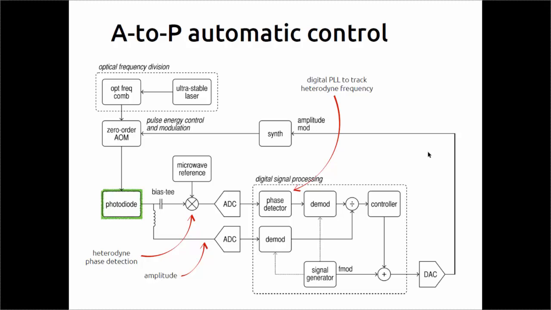We beat it with a microwave reference and extract the phase component of the modulation. So we have the measurement of the amplitude modulation, and through heterodyne phase detection, we measure the coherent phase modulation. We go through some digital signal processing where we demodulate those two signals.